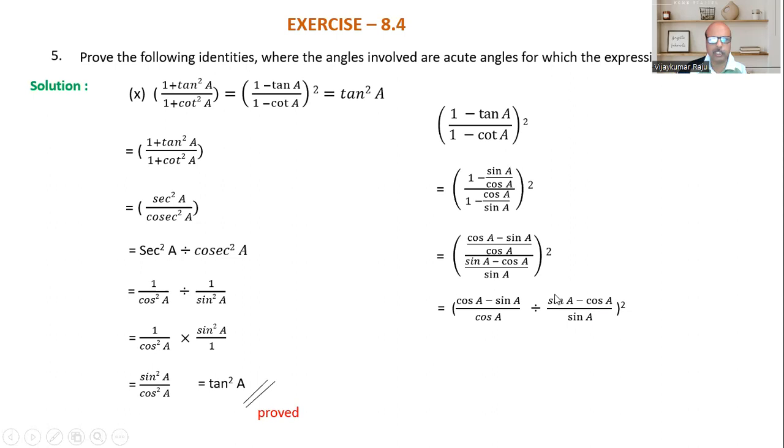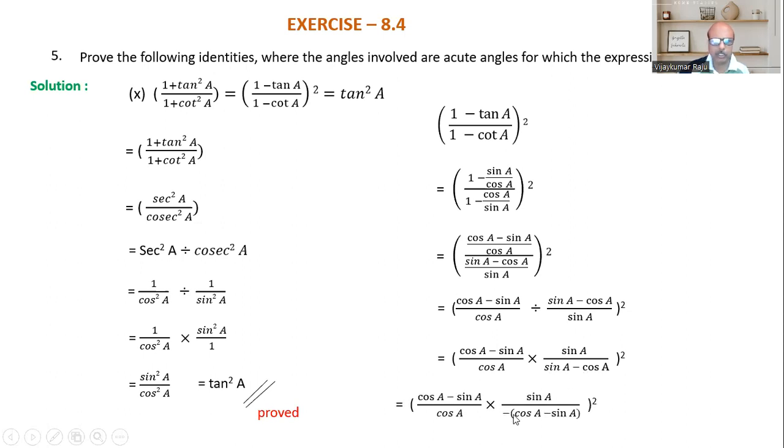Division it is, so you have to take the reciprocal of this. It becomes sine upon cos into cos minus sine upon sine minus cos. Now this is cos minus sine, this is sine minus cos. So if you change the sign, take the minus sign outside. So it becomes minus. Now you can cancel these two. It will be sine upon minus cos whole square. When you take a square of it, minus becomes positive. So it is just equal to tan square.